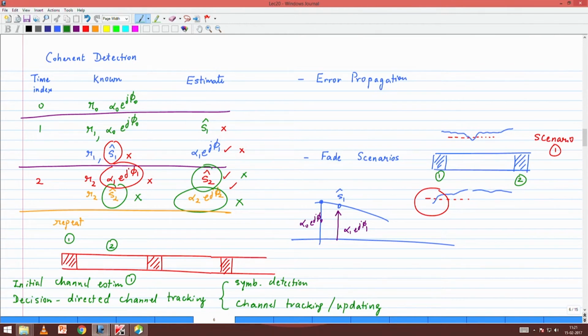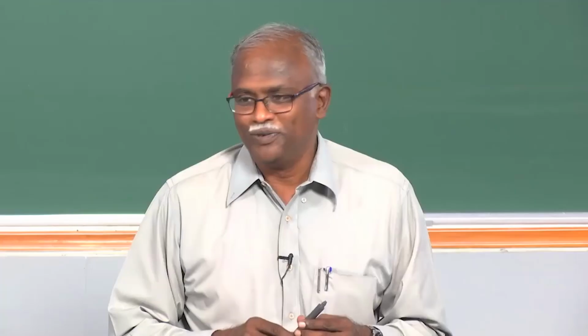In order for you to be able to track the channel, you must have known symbols. I use my decisions as my known symbols to do the updating of the channel, being very aware of the risk that if I have made a decision error, that could affect my channel update, and then that could lead to error propagation in my system. Question is, how do I know whether the estimate is correct or not? I have no way of knowing.